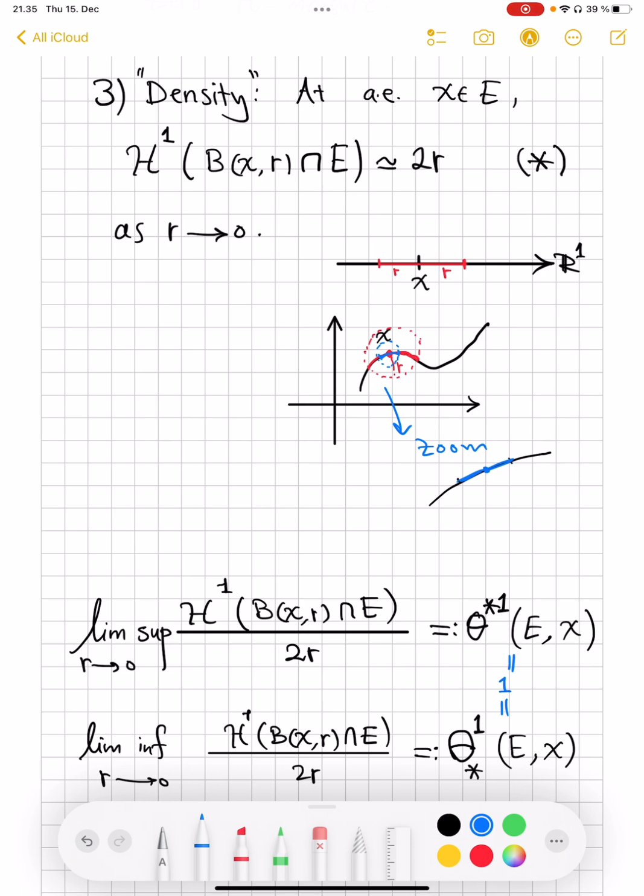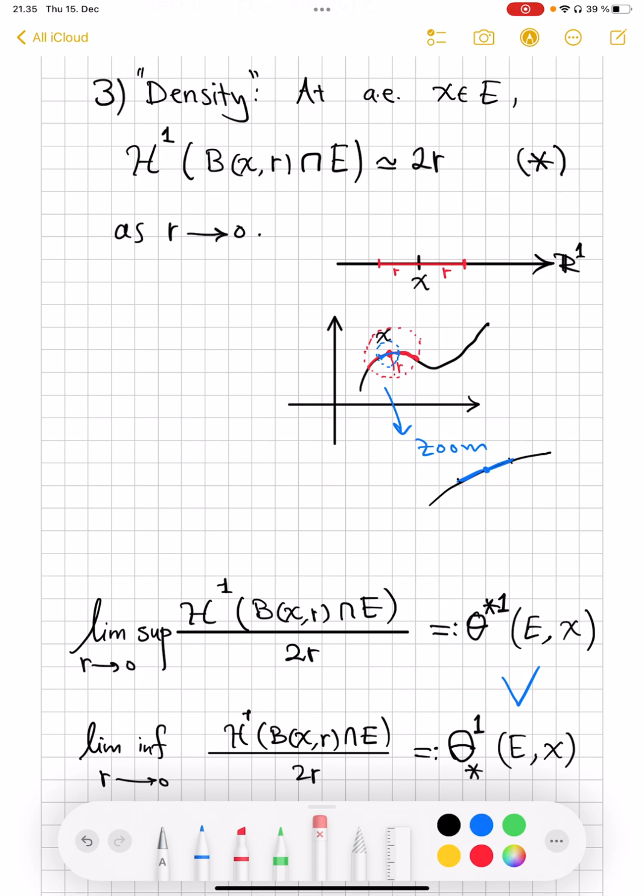At almost every x, these will converge to 1. And with the four-corner Cantor set, it will be the case that this will be strictly less than that on a set of positive measure, probably actually at every x because of self-similarity.